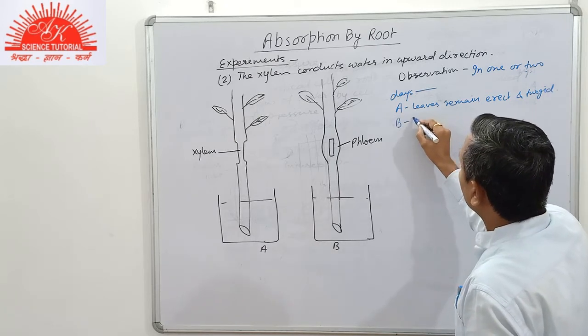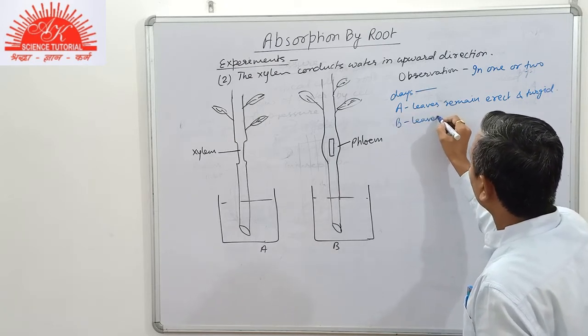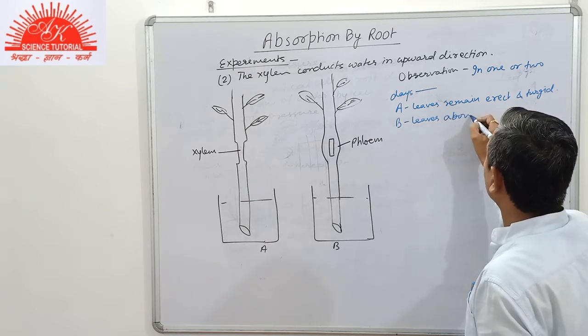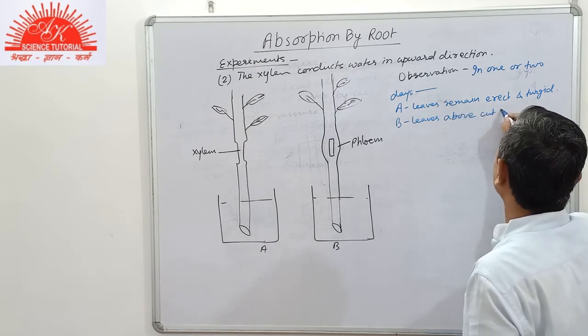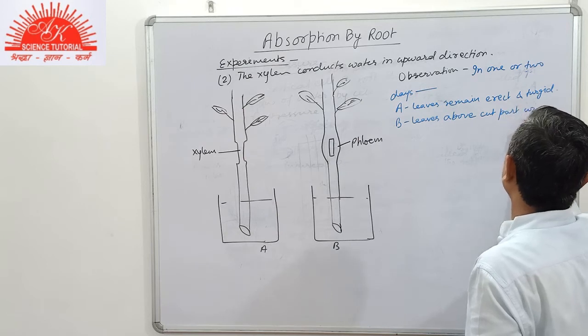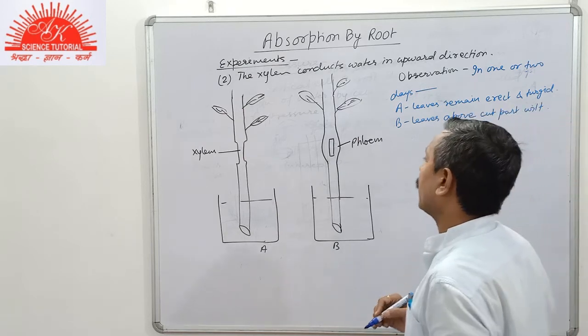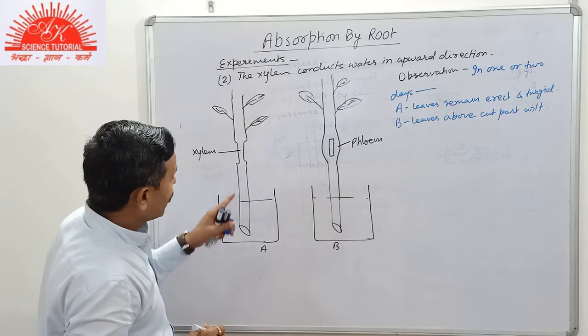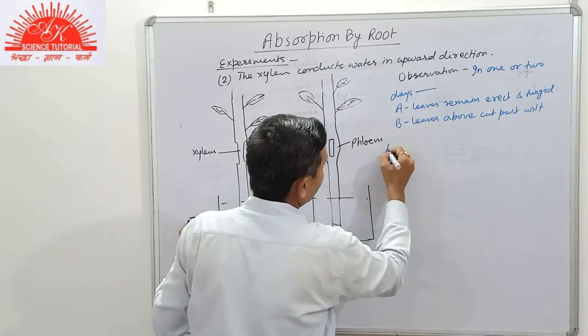In B, the leaves above the cut part wilt. This is the main observation. Now we have to write its reason.